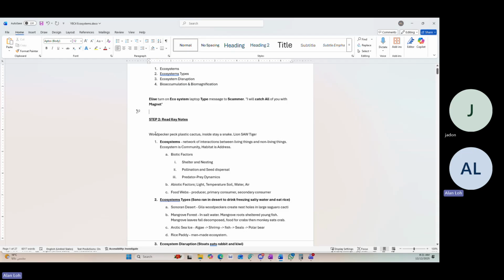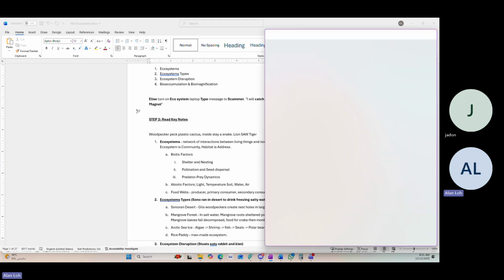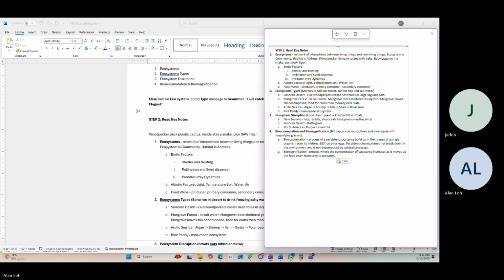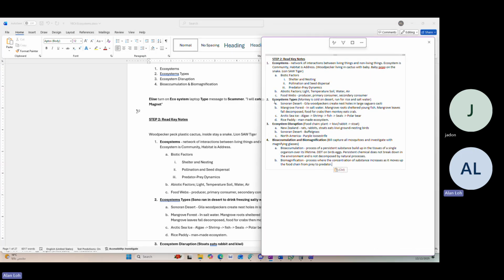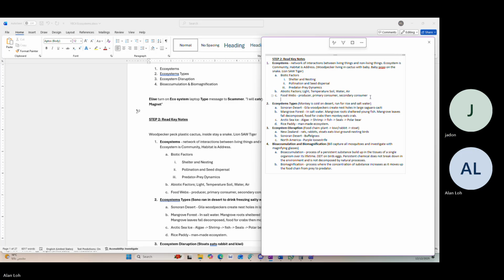Now read the keywords. Let me just wait. Open another window for the keywords. So this is the keywords. You can read it now, but if you do not understand most of them, it's okay. Just continue to read. You can start reading now.